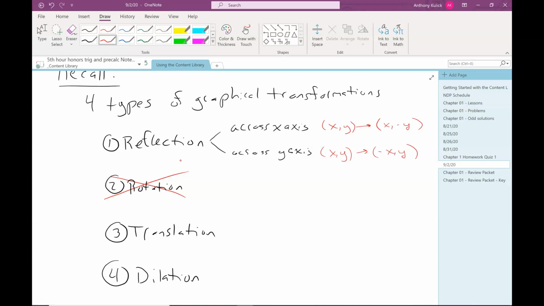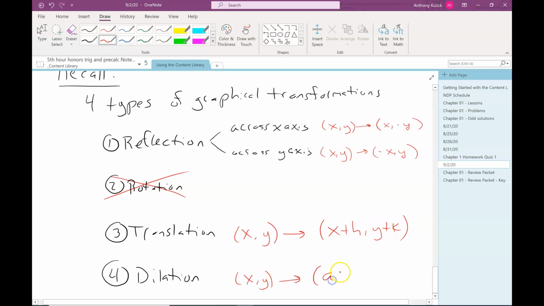I think without the aid of linear algebra, this is a rather difficult thing to ask. Translations: all we did was add some constant to the x or y coordinate. And dilation, we multiplied the x and y coordinate.